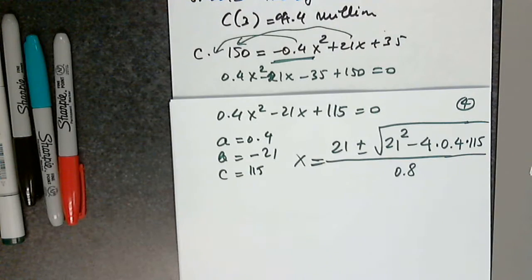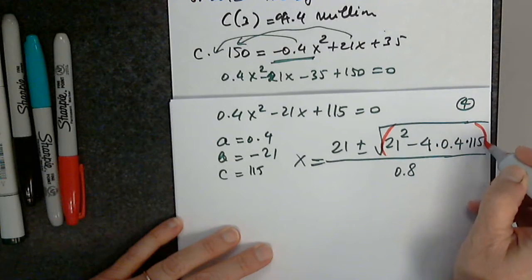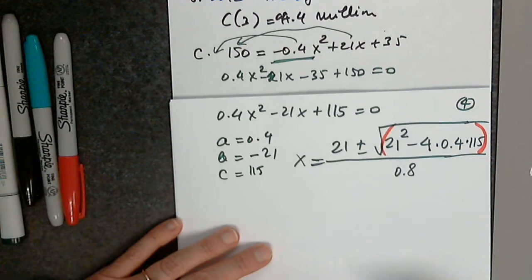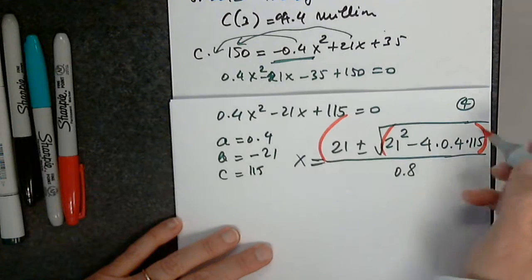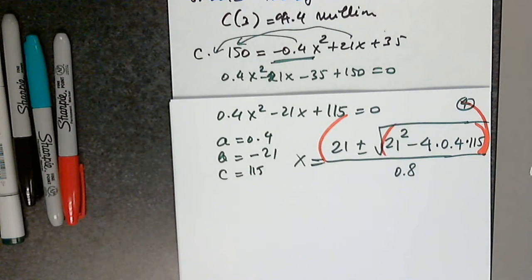Before I do this, I have to remind you of the following. We will have parentheses around the quantity under the square root. We will have to have parentheses around everything we have in the numerator. Otherwise, the calculator will not perform the calculations as we expect it to perform.